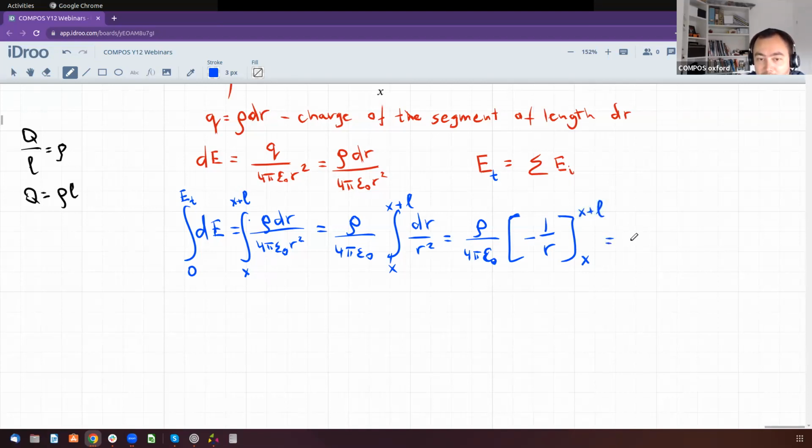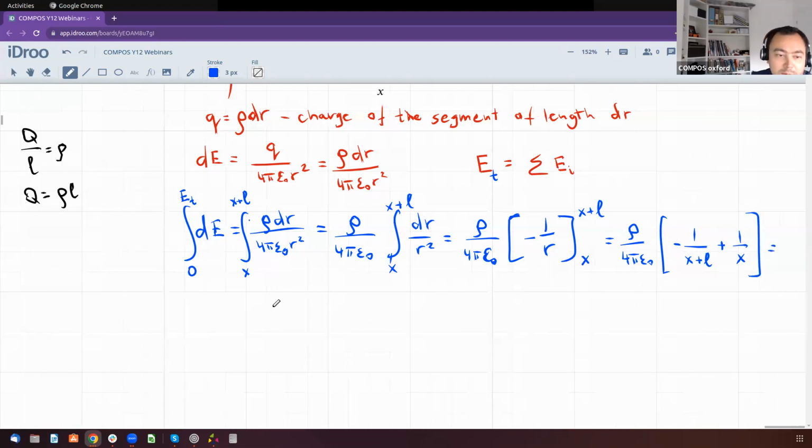And we are left with rho over 4 pi epsilon naught, times -1 over x plus L plus 1 over x. And of course, on the left-hand side, it's from 0 to E_T, and that's a very easy integral, so it's just E_T. And so E total is, what's that going to be?